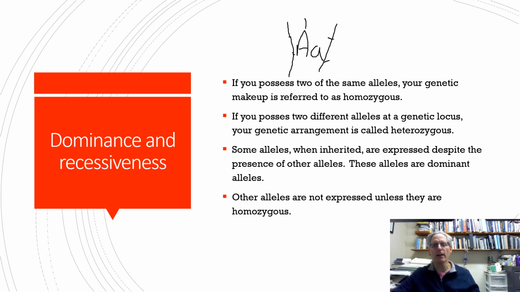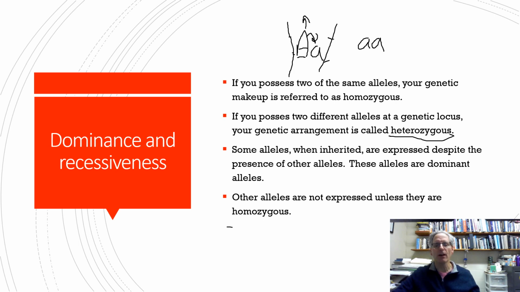This particular trait is the one that will manifest because this allele is dominant over that one. It's dominant because in the heterozygous condition, that's the trait that manifests. This trait will only manifest in the homozygote, where the two alleles are the same.